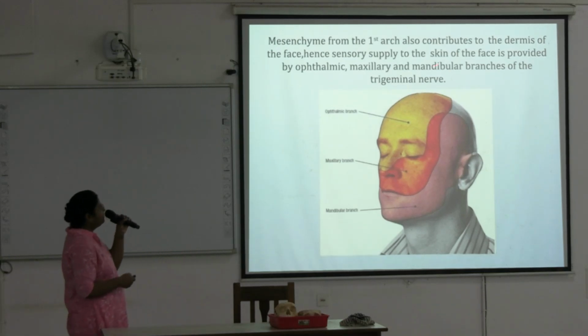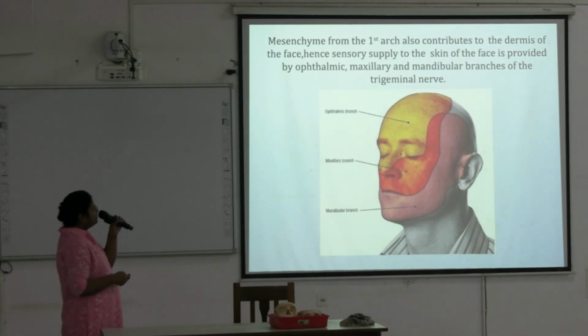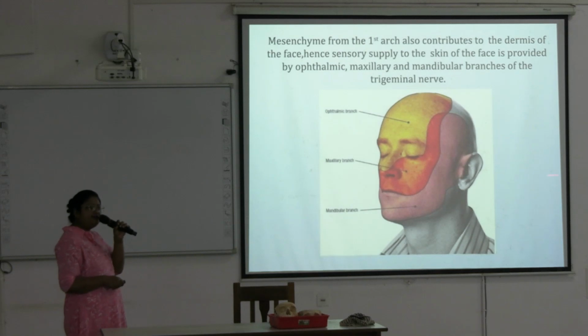So these are the areas supplied by these 3 divisions. The forehead region, bridge of the nose and upper eyelid, up to this region, is supplied by the ophthalmic division, this yellow colored portion. Next, up to the angle of the mouth, this red colored one, is supplied by the maxillary division.